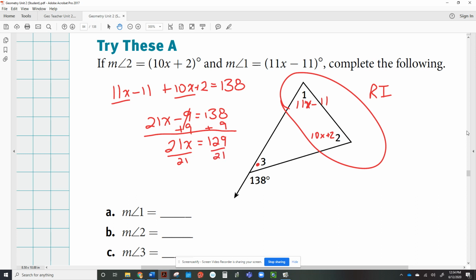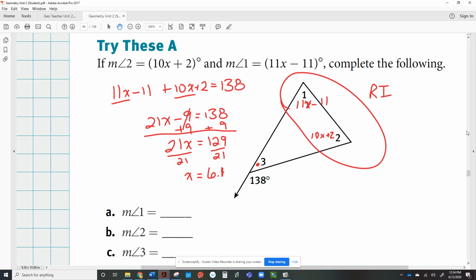Divide by 21. And we get 6.4. That does make me nervous, but it doesn't mean that I'm wrong, because you can have decimals as answers. I'm just going to round it to 1 decimal place.